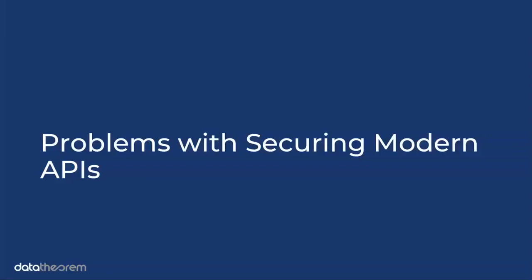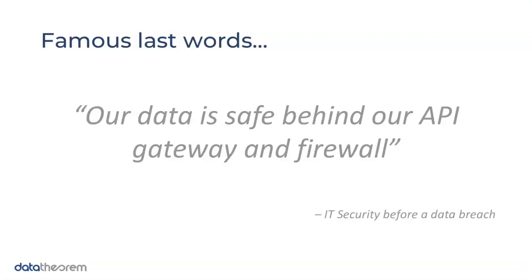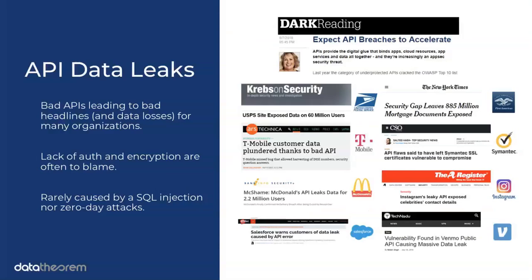And so what are the problems with securing these new modern APIs? We'll talk about this one right here. So right before a data breach, an IT security person can often think our data is safe because it's sitting behind our API gateway and firewall. There's been tremendous investment at the network layer to try to secure data, particularly with a perimeter-style approach.